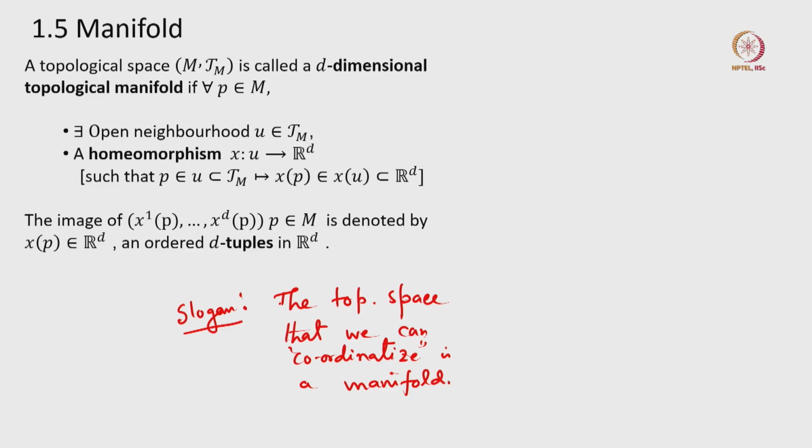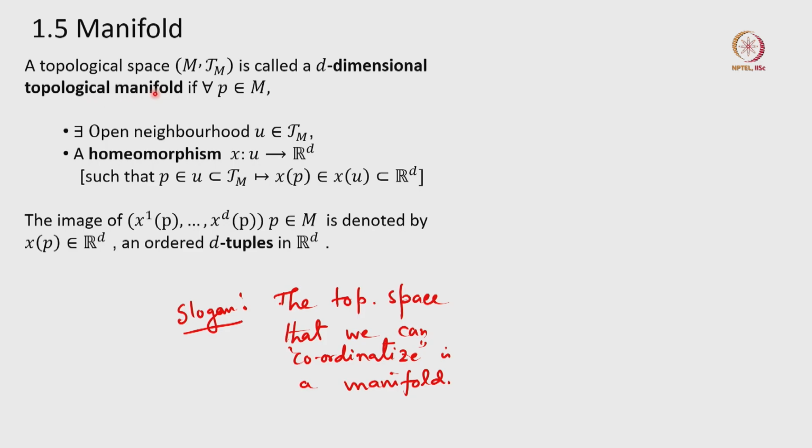Okay. Now, let us look at the rigorous definition which is written here. A topological space, and here it is X, now I am calling it M, is the set with Tm the topology, is a d-dimensional topological manifold.